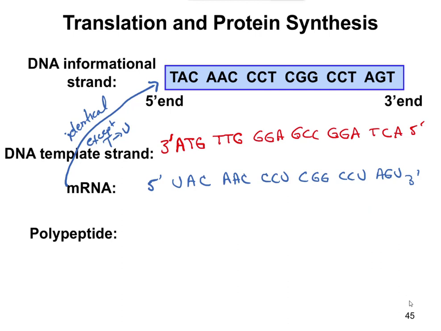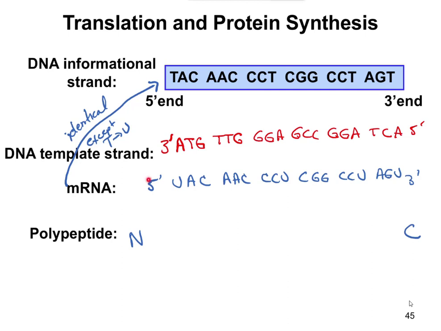All right, so now once you have the messenger RNA, then we can go and make the polypeptide. Now, for the polypeptide, remember for proteins, we don't have a 5' and a 3' end. For proteins or polypeptides, we have an N terminus and we have a C terminus, right? Again, different biological molecules, they have different properties.